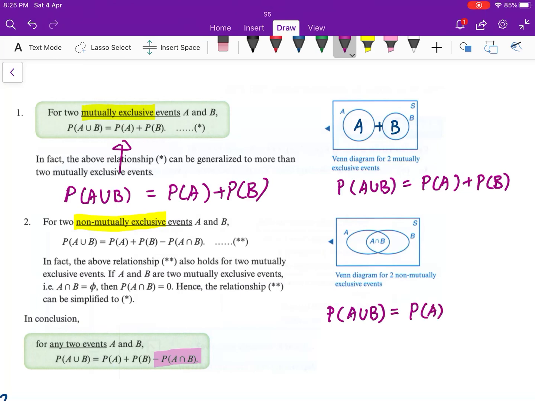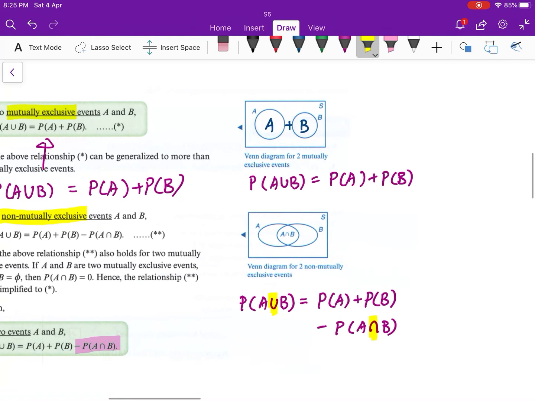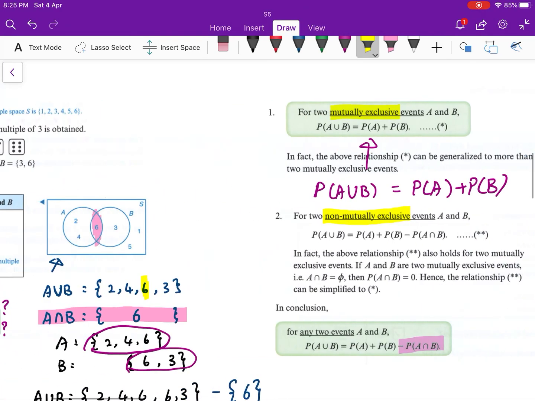So what you need to do is, when you're doing the adding, don't forget to minus the overlap one, A and B, okay? So be aware, one is or, another one is and, okay? They are different. Don't mix them up, okay? So this is how we use the formula to calculate mutually exclusive and non-mutually exclusive questions, okay?